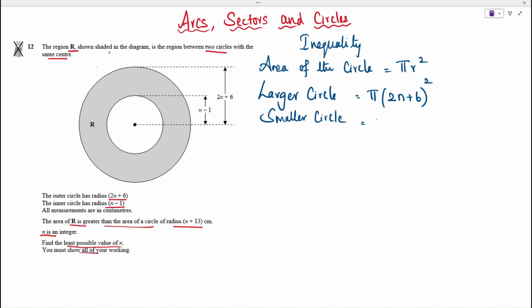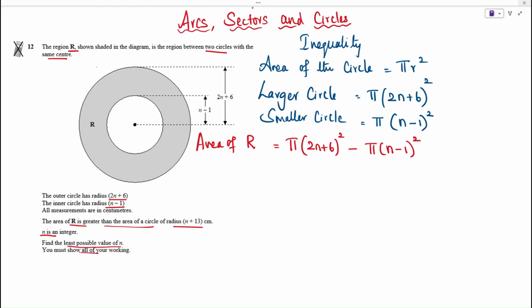And the area of that is pi times n minus 1 the whole squared. And now to find the area of our annulus, our shaded region R, we're going to subtract the area of our smaller circle from the area of our larger circle. Pi times 2n plus 6 the whole squared minus pi times n minus 1 the whole squared.